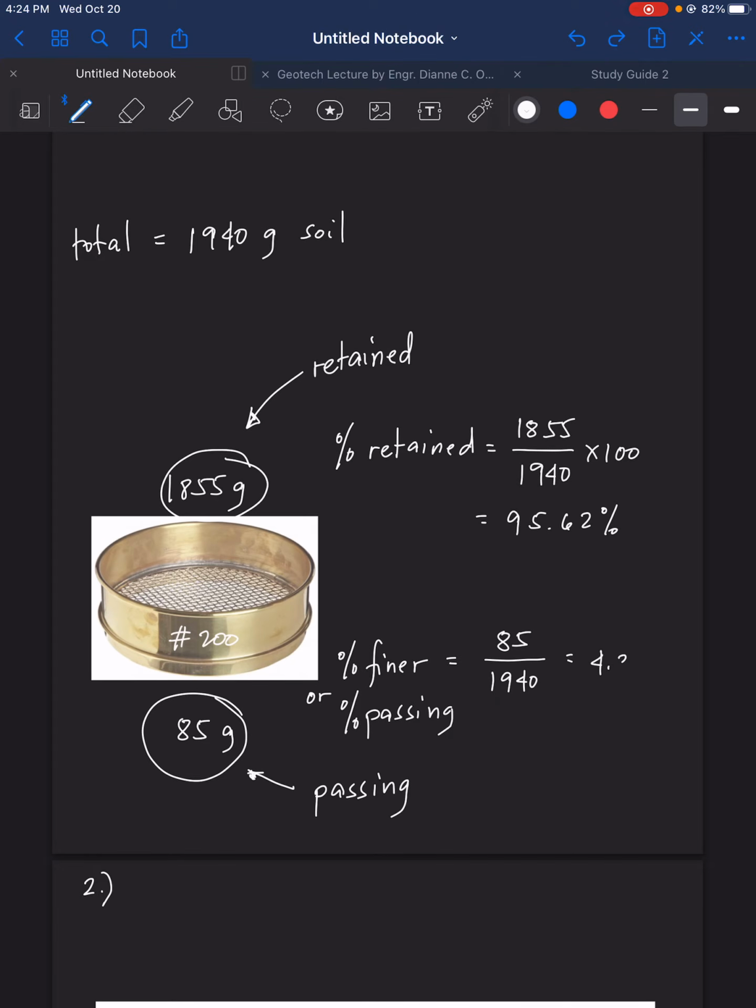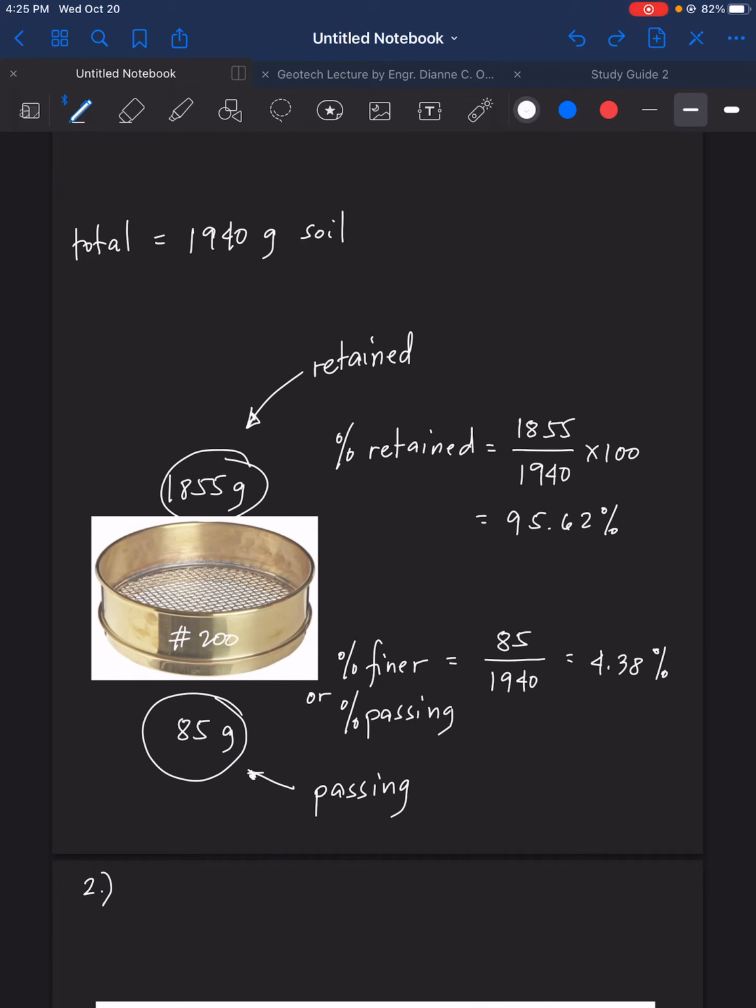That is percent passing or percent finer. If you add these two, 4.38 plus 95.62, that is equal to 100%.